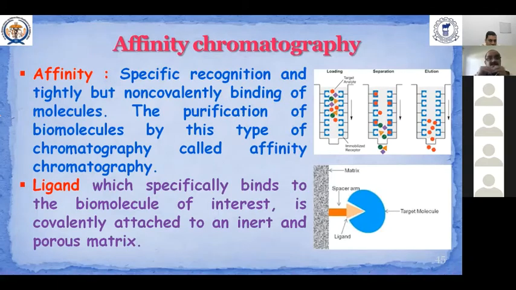In this affinity chromatography, a molecule which specifically binds to the molecule of interest is used, which is called a ligand. This ligand is covalently attached to an inert and porous matrix, as shown in this diagram. This is the matrix, this is a spacer molecule, this is the ligand. This ligand molecule specifically binds with the target molecule. That is why this is used for separation of some proteins.